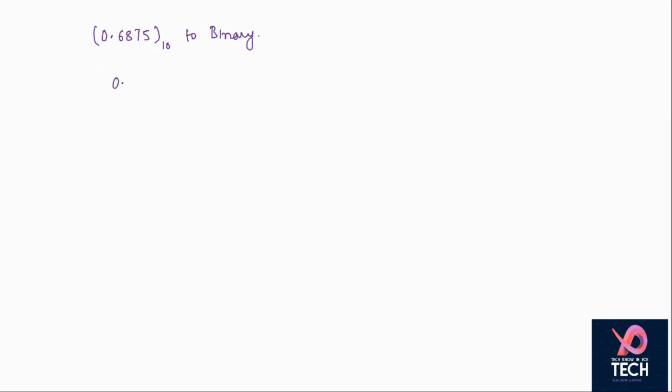Let's discuss that. What you have to do is multiply by the base into which you want to convert, so this is by 2. This gives you 1.3750. The fraction part is 0.3750 and the integer part is the coefficient. This is the first coefficient, a minus 1 equal to 1. Now this fraction is to be multiplied again, which gives 0.7500.